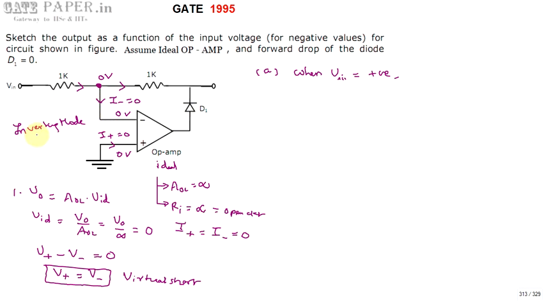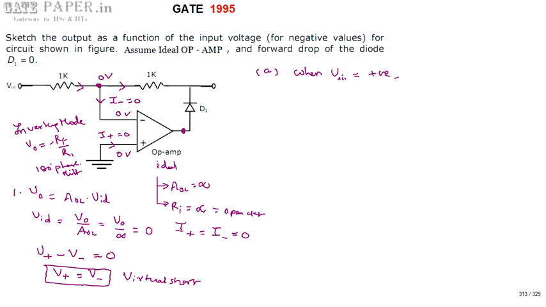In inverting mode, we know the gain is V0 equal to minus RF by R1. This minus is a 180 degrees phase shift between input and output. So if Vi is positive, V0 will be negative. If Vi is negative, V0 will be positive. That 180 degrees phase shift mainly results at the output of the op amp.